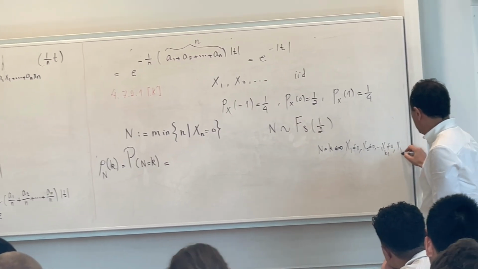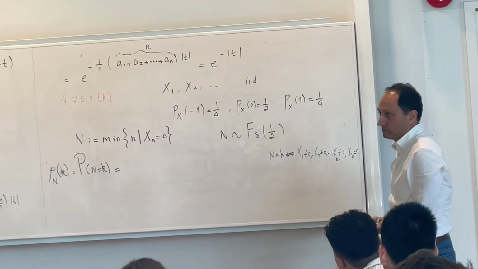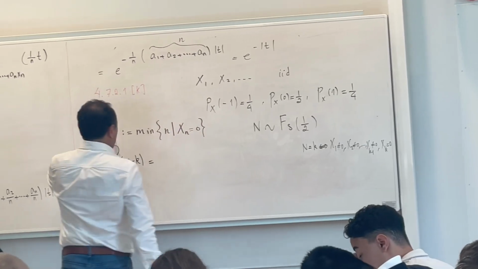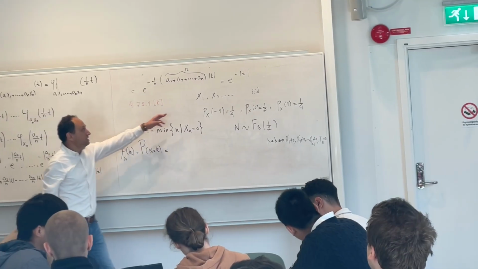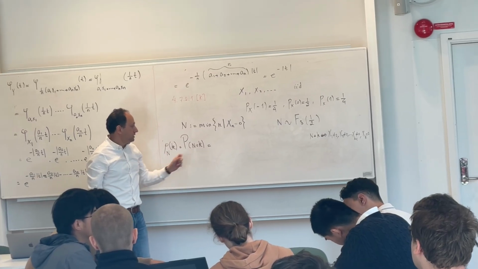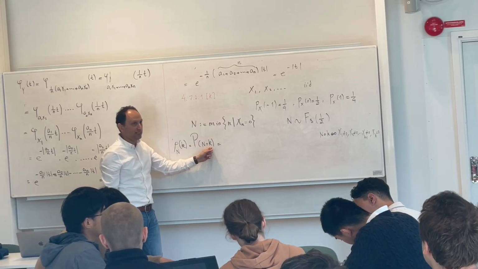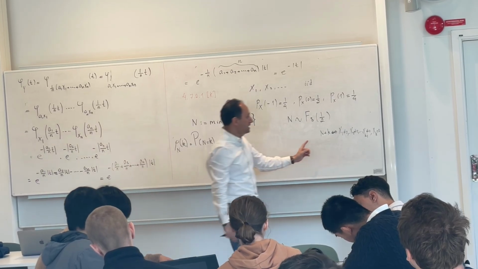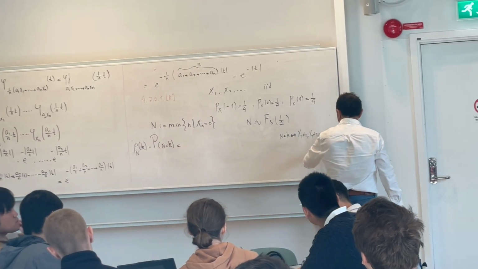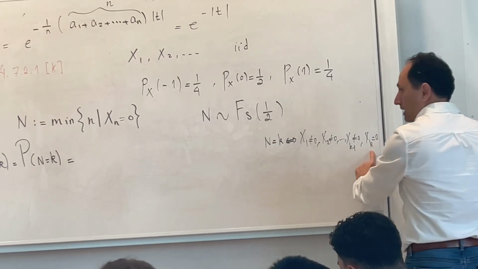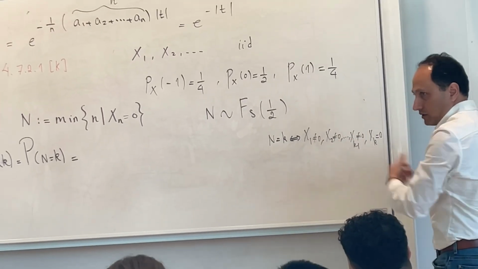But xk is 0. Yes, that's the meaning. N is the minimum place where you see 0 in your list. But you want the minimum location to be the kth location. If this is going to happen, it means that in no location previous to the kth do you have 0, so none of them is 0, but the last one is 0. That's the meaning. Do you agree with me?